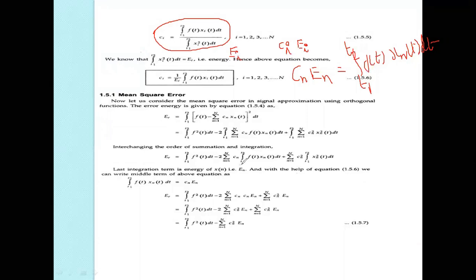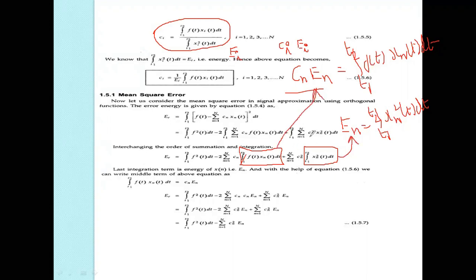So I replace the integral T1 to T2 f of t xn of t dt as Cn into En. And the denominator is En, equal to the integral T1 to T2 xn square of t dt. So here another integral is there. Replace the integral T1 to T2 xn square of t dt as En, and the other function is replaced with Cn into En.